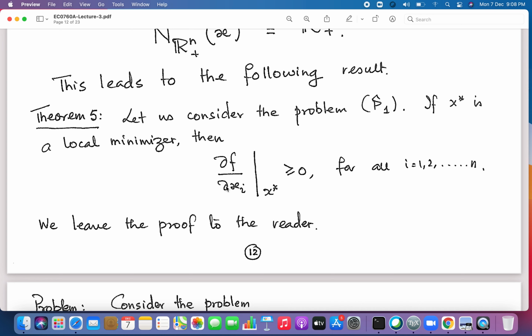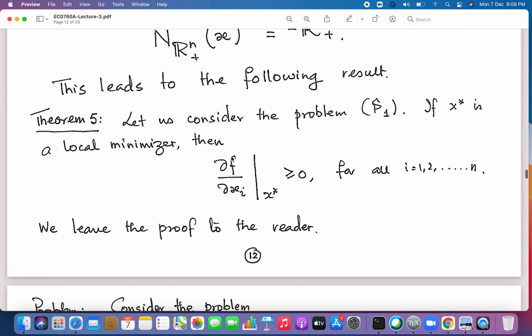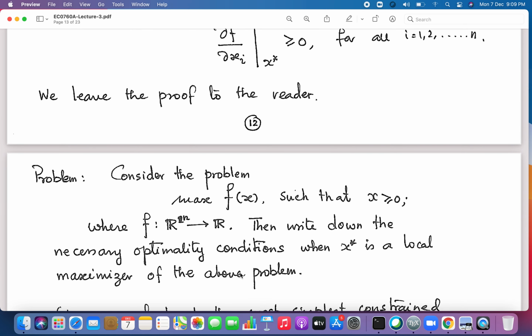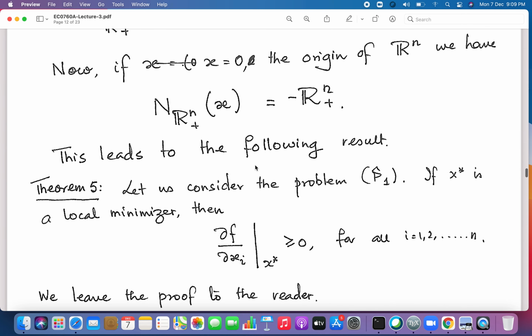Some of them can be 0, some of them positive, so they are in Rn plus in the case of minimization. But when you talk about maximization, you will have the opposite. You will have this less than equal to 0. That is, the gradient vector would lie in minus Rn plus.